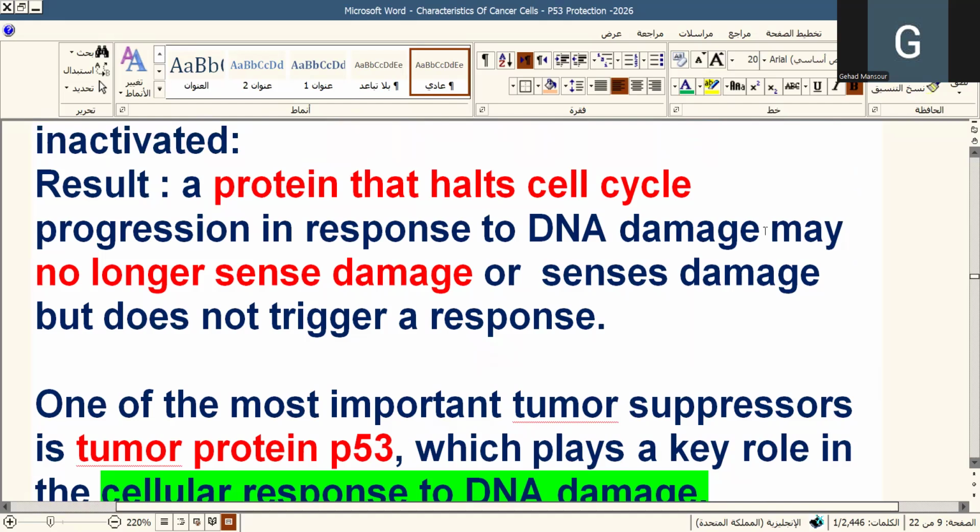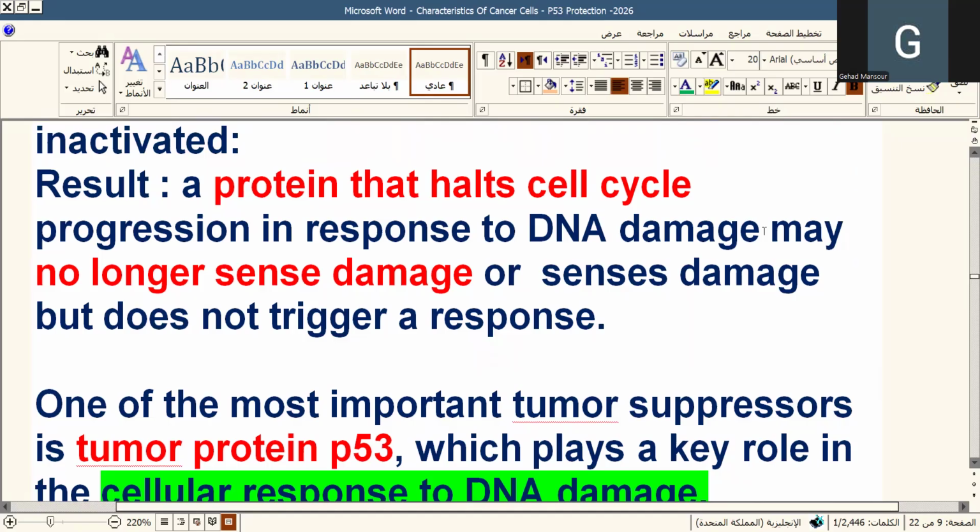There are certain sensor proteins, as we will explain very soon, in the cell that bind with DNA and detect damage in DNA, and therefore activate the tumor suppressors and activate, for example, P53.